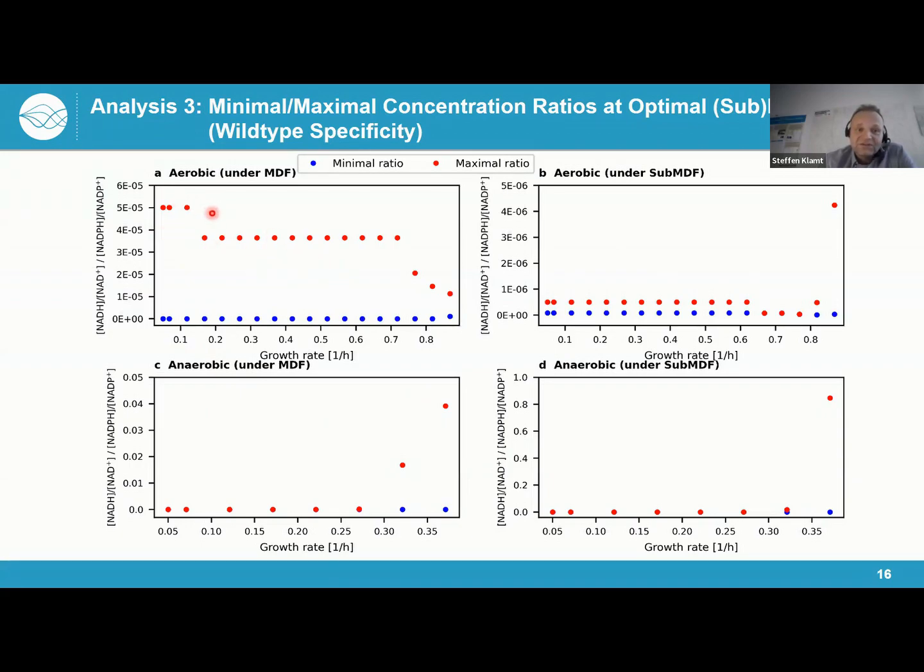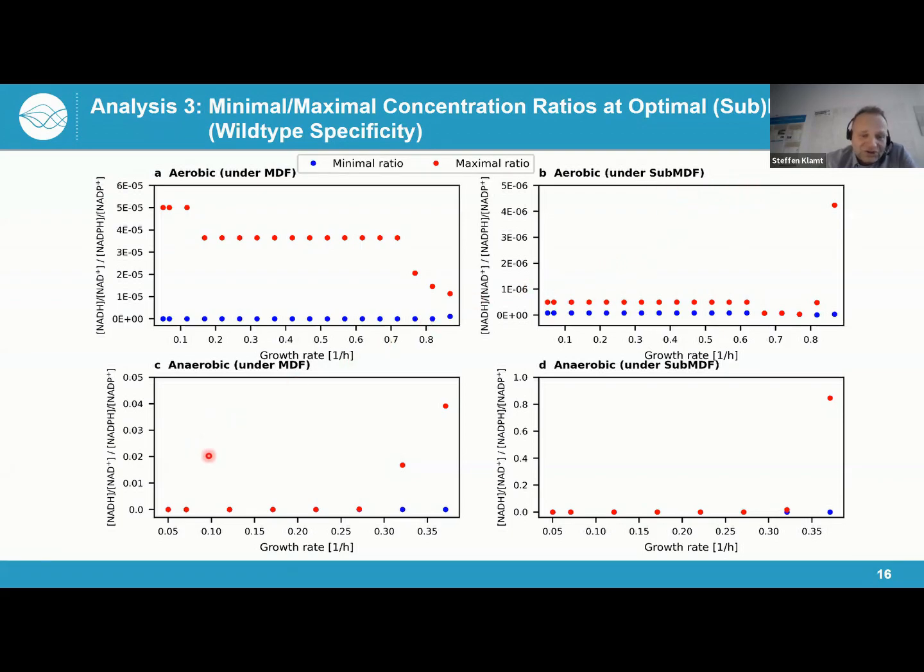And what you can see is indeed for aerobic conditions here, for example, taking the MDF, we have a very tight range, which is indeed far below 1 and very close to 0. Also here for the maximum value, indicating that we can actually reproduce these in vivo numbers that have been measured. And the same can also be seen with a sub-MDF.